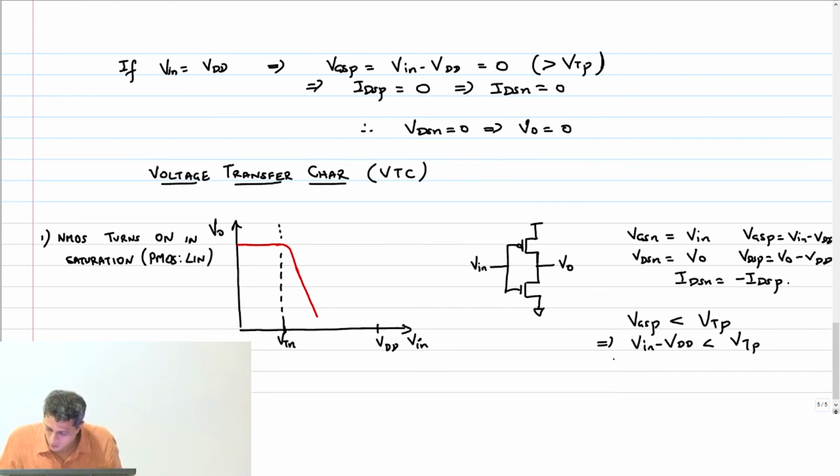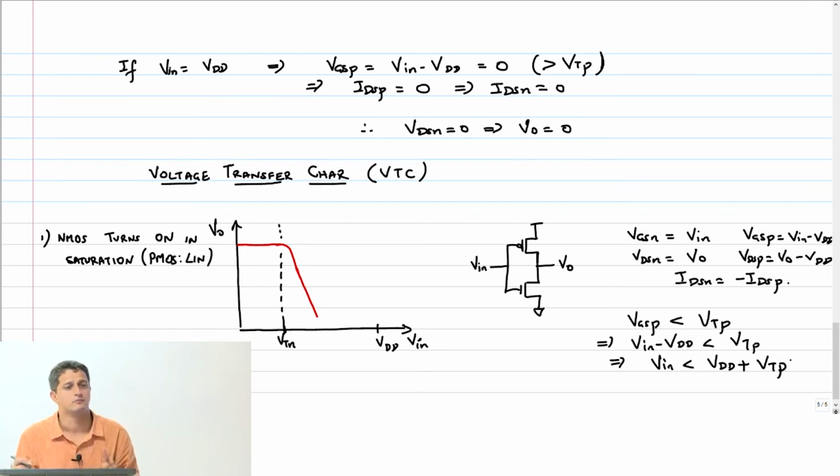Only then it can turn on, which implies Vin should be less than VDD plus VTP. So this point is not VDD minus VTP, or if you want to say VDD minus, then you say VDD minus mod VTP. So the point where the PMOS transistor turns off is VDD plus VTP.